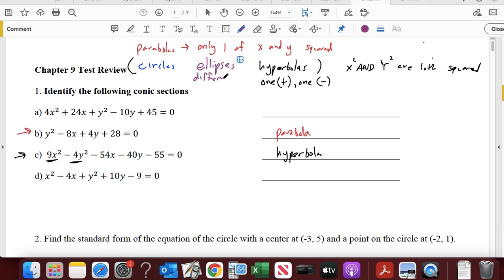Remember, coefficients, that's the number in front of the x squared and y squared. So you have different coefficients for ellipses. Notice how the x squared and y squared have different coefficients here. So that makes this the ellipse.